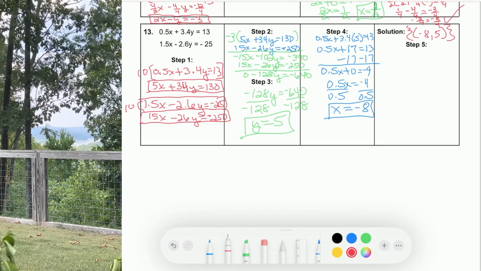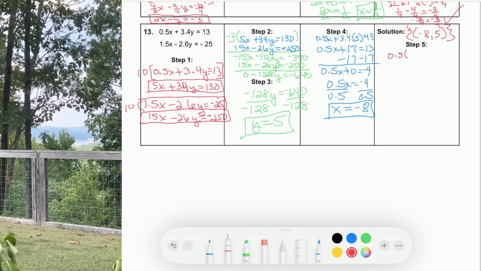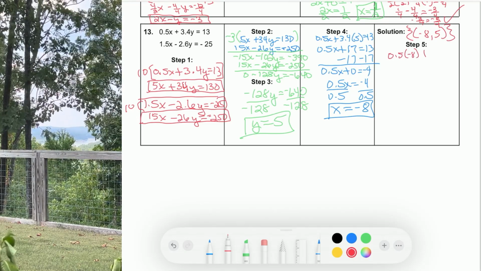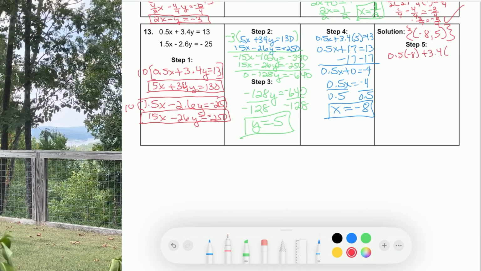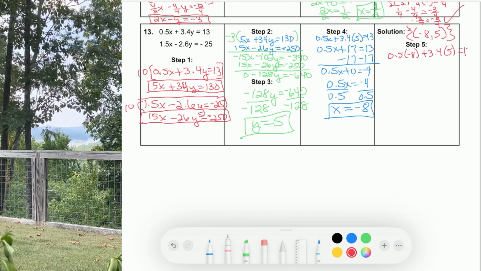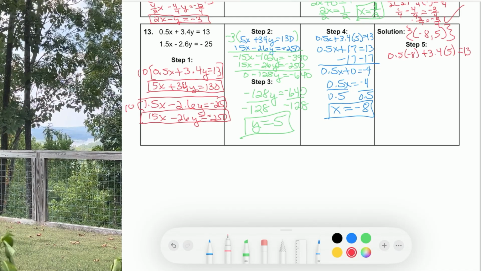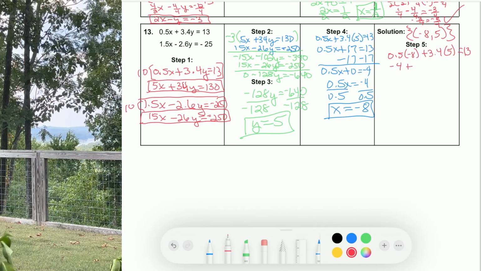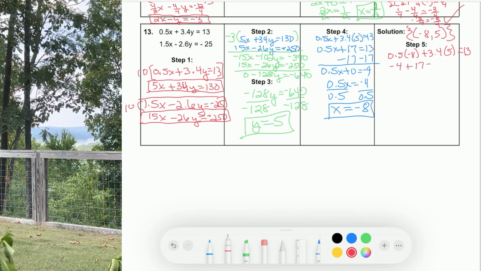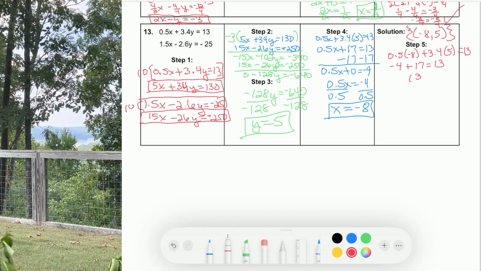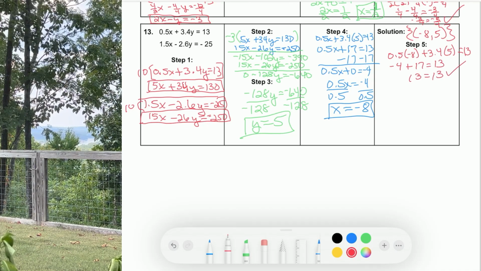Now let's check them. 0.5 times negative 8 plus 3.4 times 5 equals 13. 0.5 times negative 8 is a negative 4. 3.4 times 5 is 17. And we get 13 equals 13. So we're good on that one.